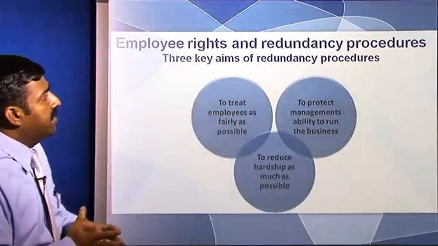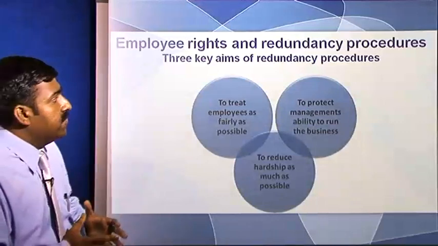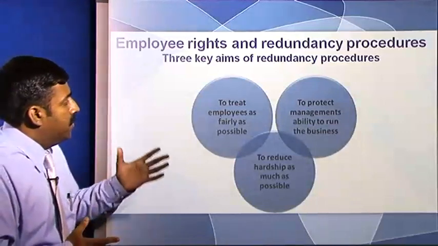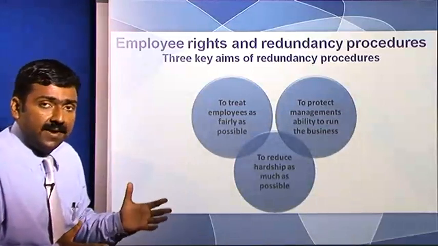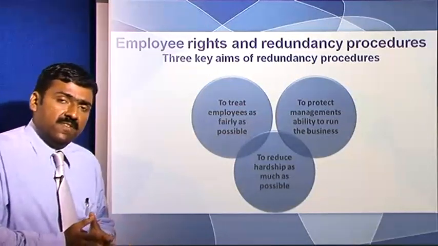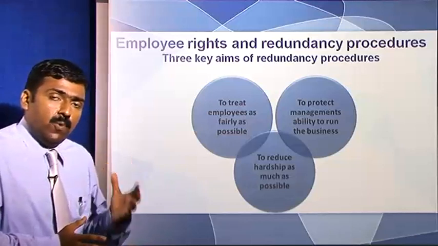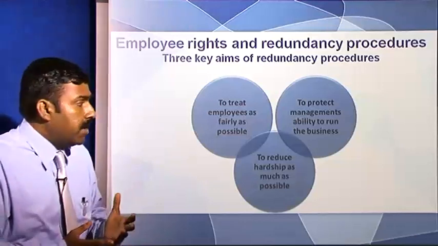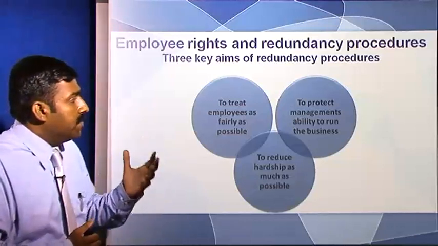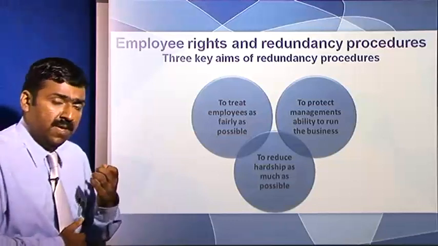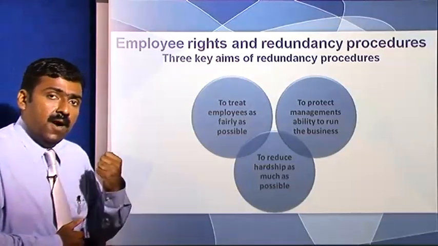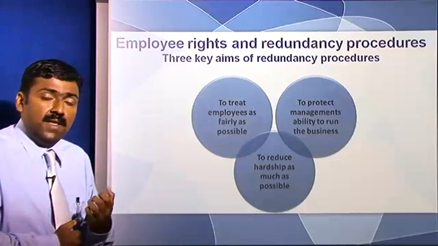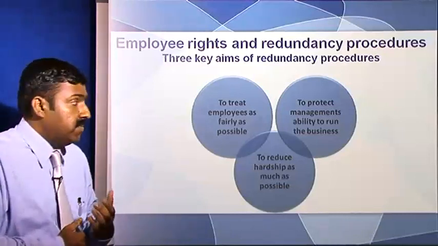What are the employee rights and redundancy procedures? There are three aims to the redundancy procedure. First, to treat employees as fairly as possible. Since human values and sentiments are involved, the employer needs to be fair in this entire approach. Second, to protect management's ability to run the business. The key factor to be considered is that after this exercise, the management should still be able to stand on its feet and run the business.